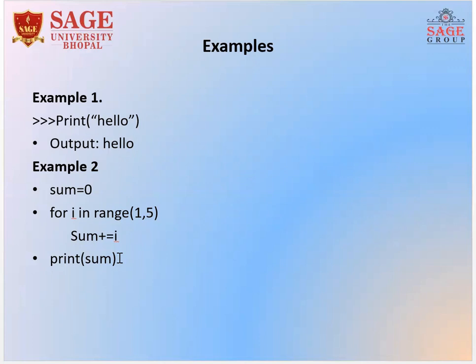You can see in this example, basically this code creates a variable sum, and then uses a for loop to iterate over the numbers 1 to 5, adding each number to the sum. Finally, it prints the result to the console output.